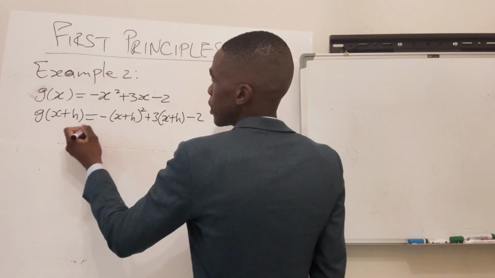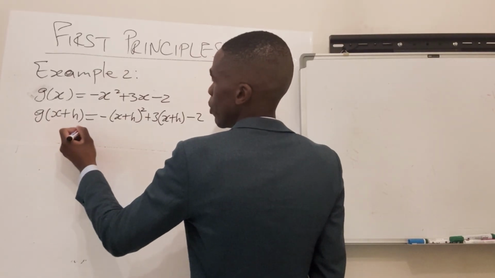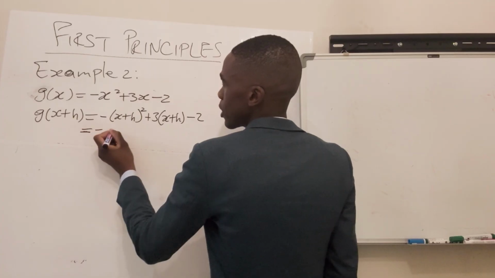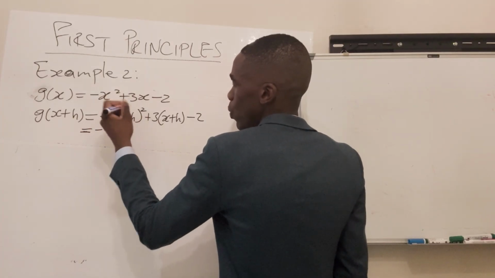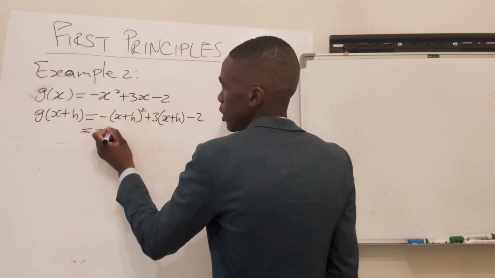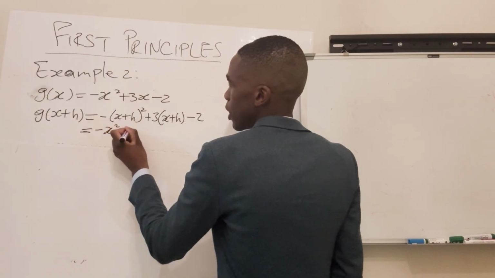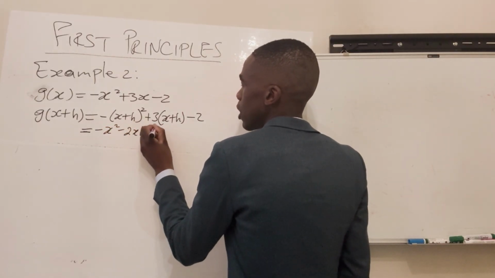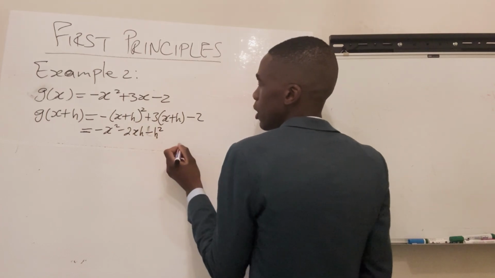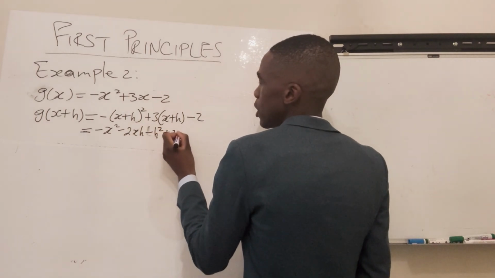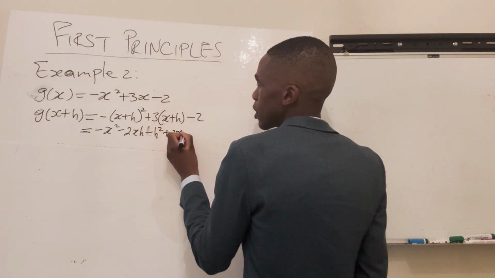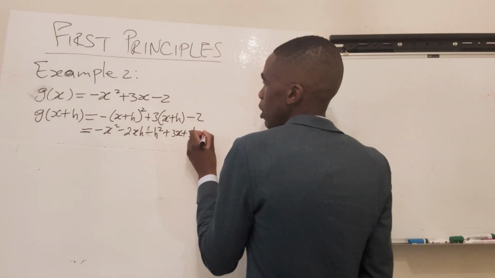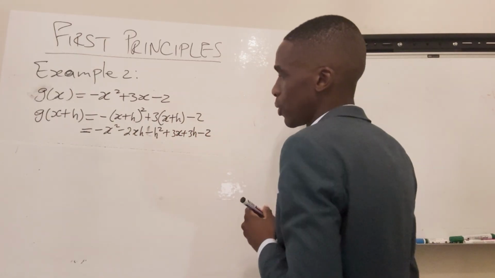Now, that we know can be written in the form of minus. When we expand this, it is actually minus x squared minus 2xh minus h squared plus 3x plus 3h minus 2. Are we together?